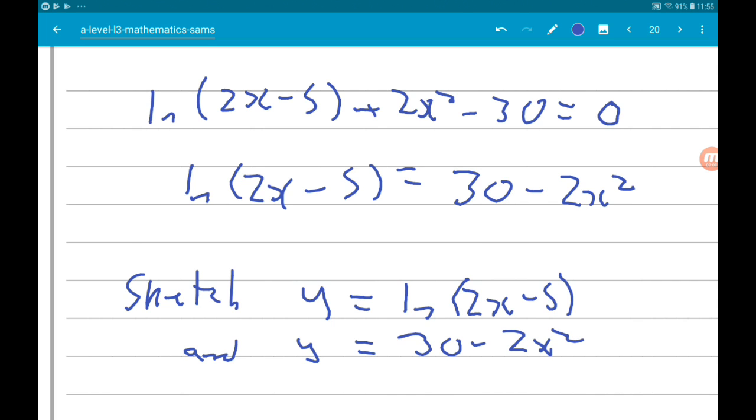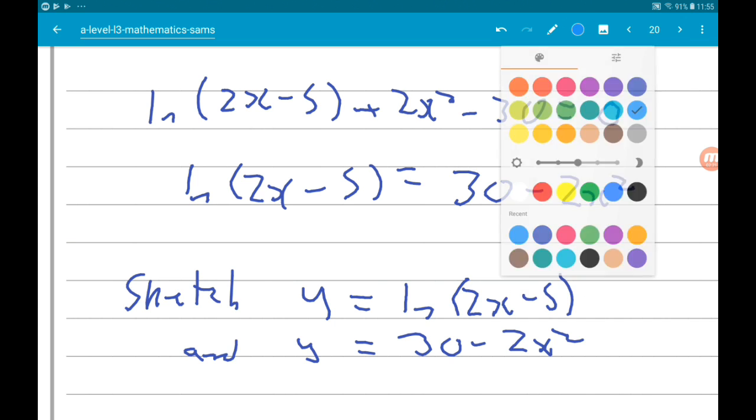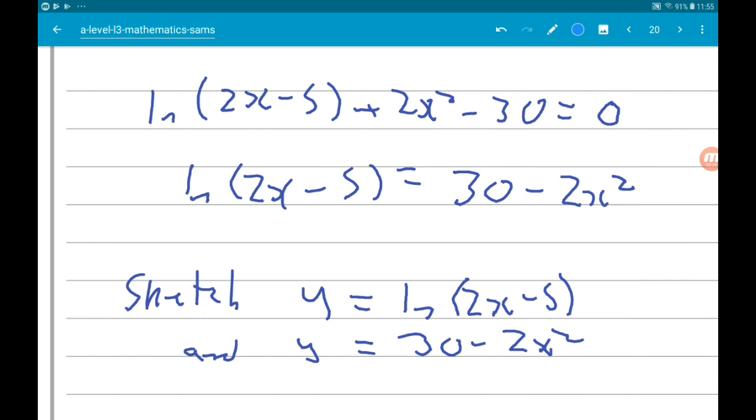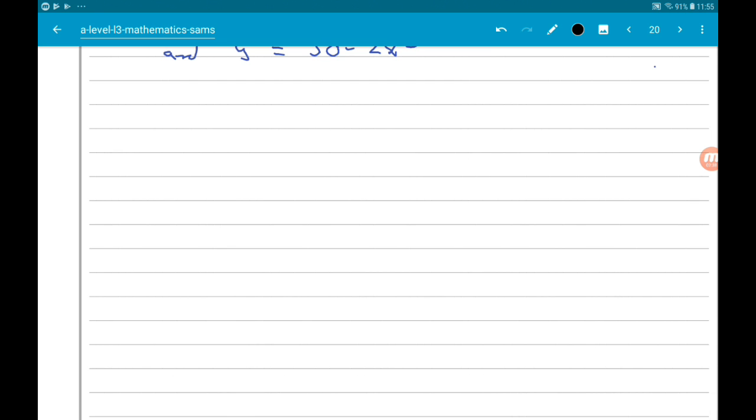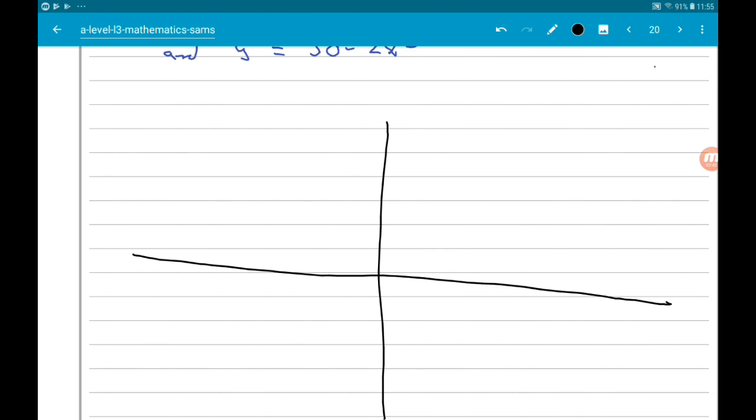And hopefully what we will see is that the two graphs only cross once, which will be at alpha. So let's think about log of 2x minus 5 first. So, log graphs, draw some axes.